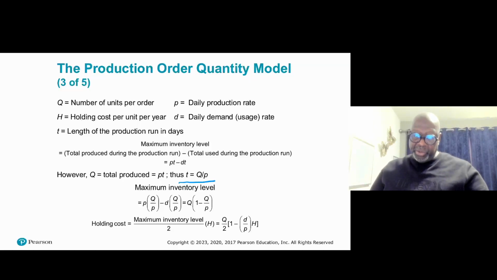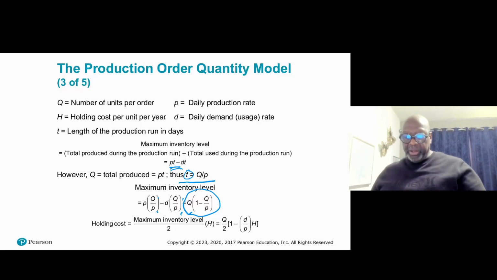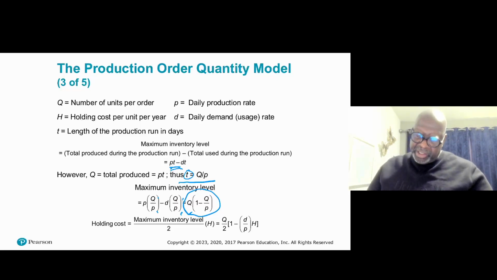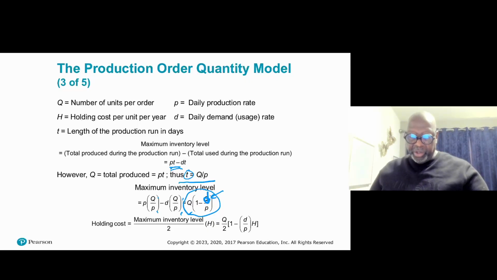All they're doing is substituting for T in that formula over here, Q over P, and then we sum it up to this right here. Now this is an error. This should actually be D. I made a mistake here. So it should be Q times 1 minus D over P. And then, of course, if we multiply it by H, we get the formula that we are interested in.